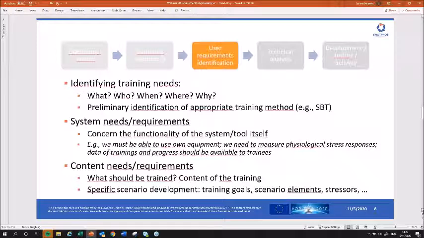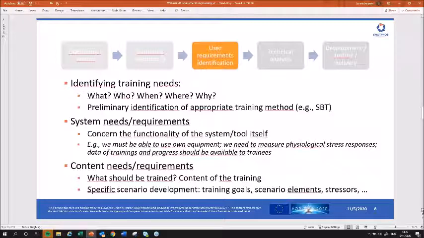For example, in our user requirements collection, we got information that they wanted to use their own gear. They wanted their own tool belt and their own weapons, and they wanted data to be shared with other trainers. They wanted scenarios to be shared with other trainers.